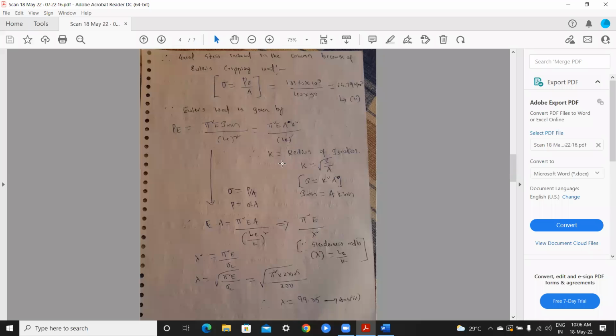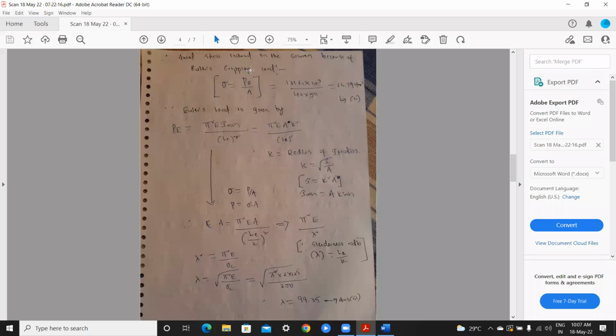Because K is the radius of gyration, K is equal to under root I by A. From this we can write I is equal to K square A. As we are calculating for minimum, previously we got Ixx and Iyy, so I minimum is equal to A K square minimum. That's why in the place of I minimum, we are writing A K square here.